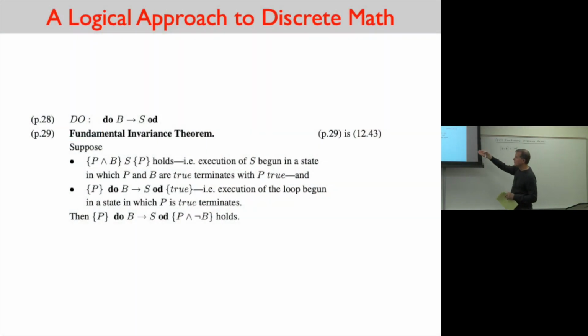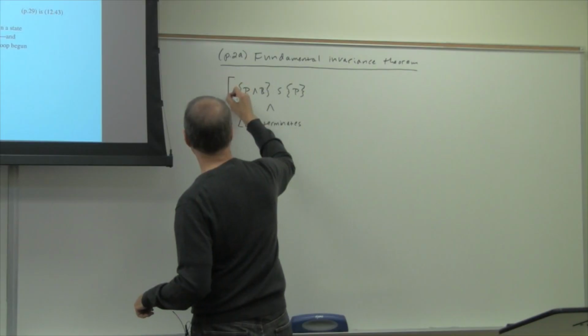Now, the second bullet point is just a formal way of stating that the loop terminates. So I'm going to write this as "and loop terminates." And the fundamental invariance theorem says, suppose this, then something else. So it's in the form of an implication. Are you with me? So basically what it's saying is, suppose this is true.